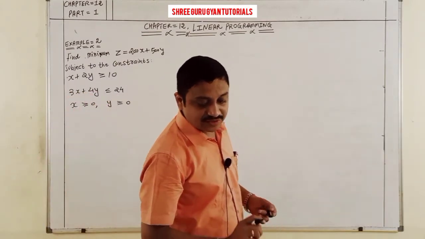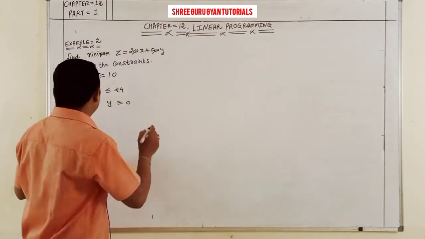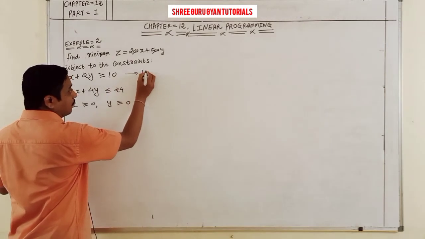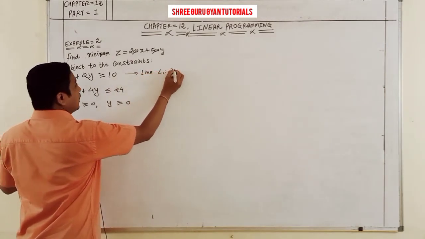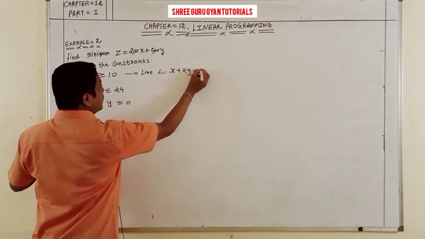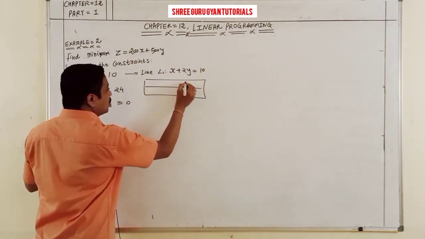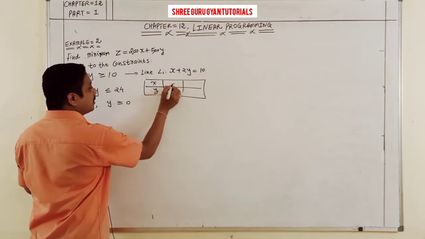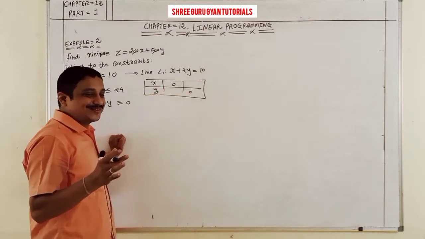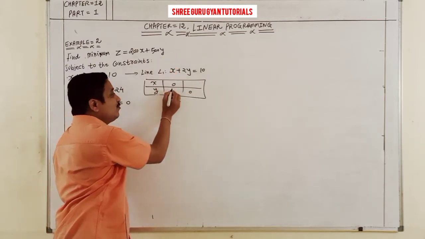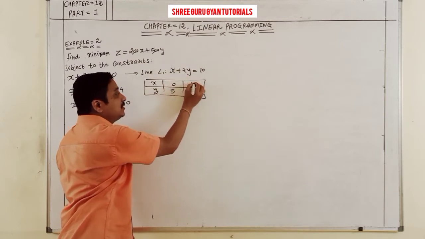Very easy students. First I take line L1, x + 2y = 10, and convert it into a table. Taking just two points: if x = 0, then y is 10 by 2, which is 5. But if y = 0, then x is 10.